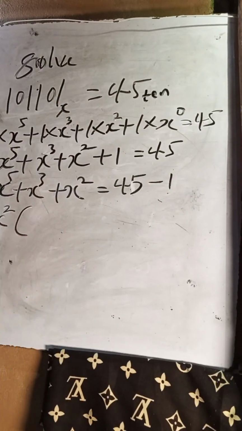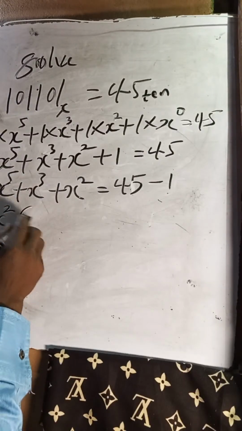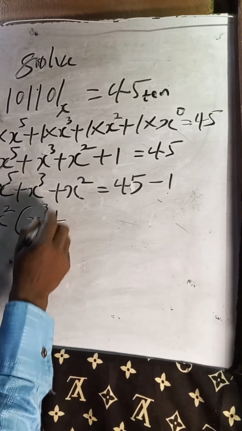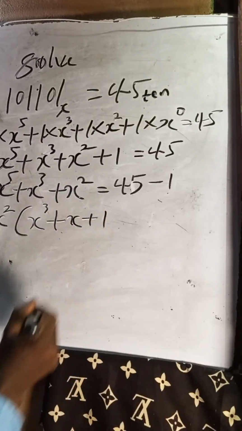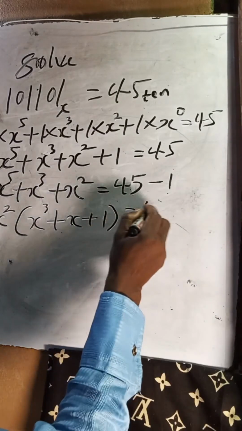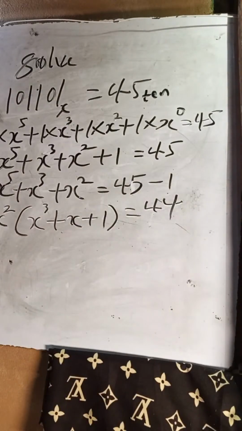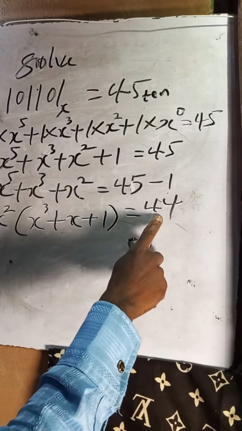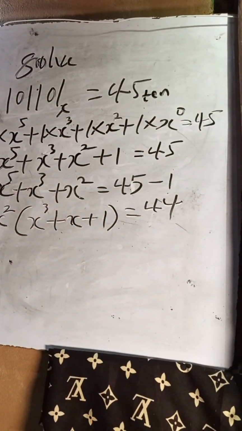So bring out x squared, then we're now left with x raised by 3 plus x plus 1 equals to 44. You can see this, right? So this is a polynomial, and this is 44. We have been able to factorize this, right?